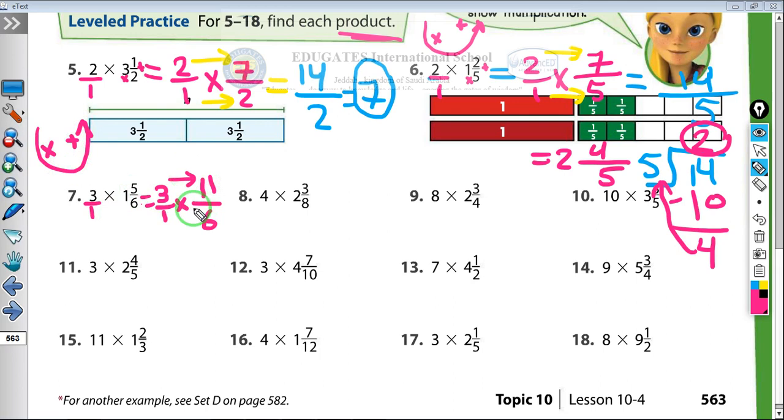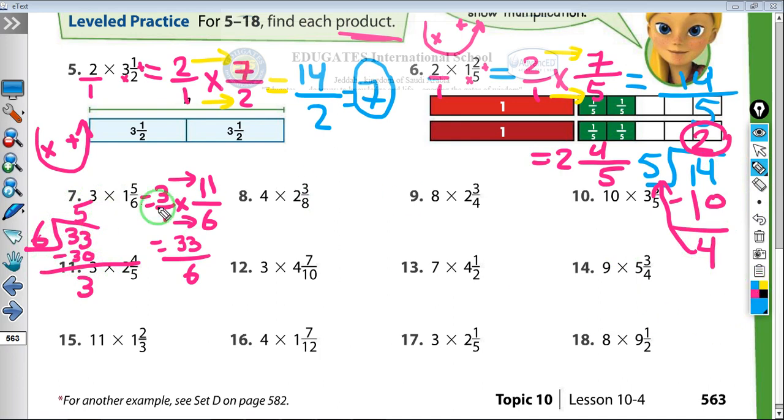11 over 6. Just multiplication here and here. 3 times 11 is 33. 1 times 6 is 6. How to divide 33 by 6? By long division. 33 divided by 6. How to use the long division here? So easy. 6 times what, close to 33? 6 times 5 is 30. 33 minus 30 is 3.